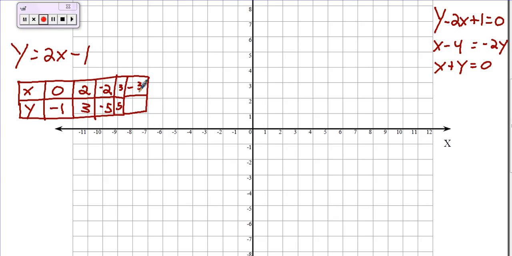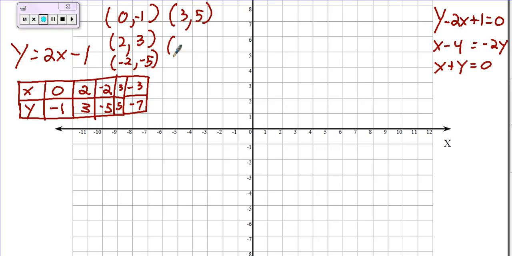Negative 7. All right, that gives me more than enough information I would need to graph it. I have all these plot points. I have 0, negative 1. I have 2, 3. I have negative 2, negative 5. I have 3, 5, and I have negative 3, negative 7.